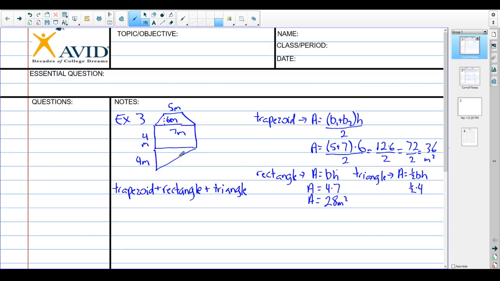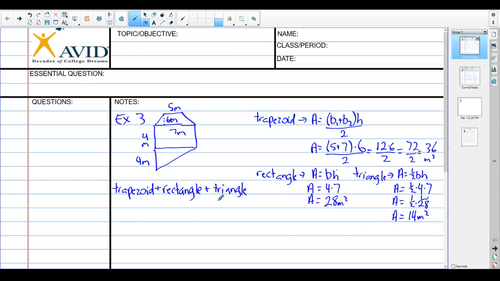And then this length here, even though it's not written down, we know is the same as this length there. It's also 7. So 4 times 7 is 28. Half of 28 is 14, also meters squared.